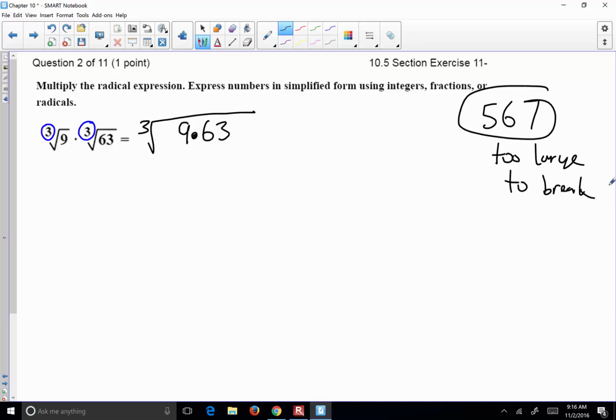How are you going to figure out all the factors? Why don't you factor them when they were tiny? Look, they are 9 and 63, small numbers, so you can break them more easily. So don't multiply yet. First break and see if you can save any of the prisoners out. Then the leftovers shall be multiplied.